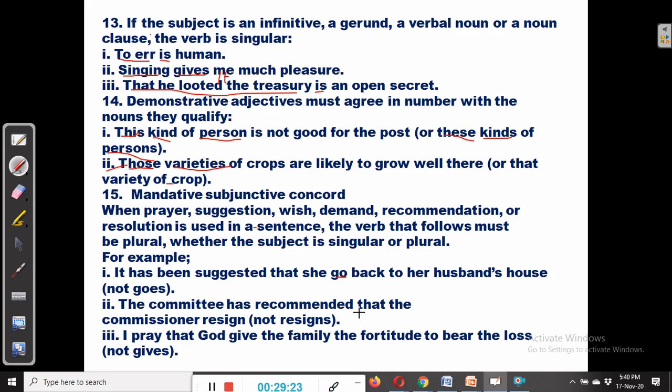The committee has recommended that the commissioner resign. The third one, I pray that God give the family the fortitude to bear the loss, not gives. I pray that God give, not I pray that God gives. This is subjunctive concord. All right? So let's go to the next.